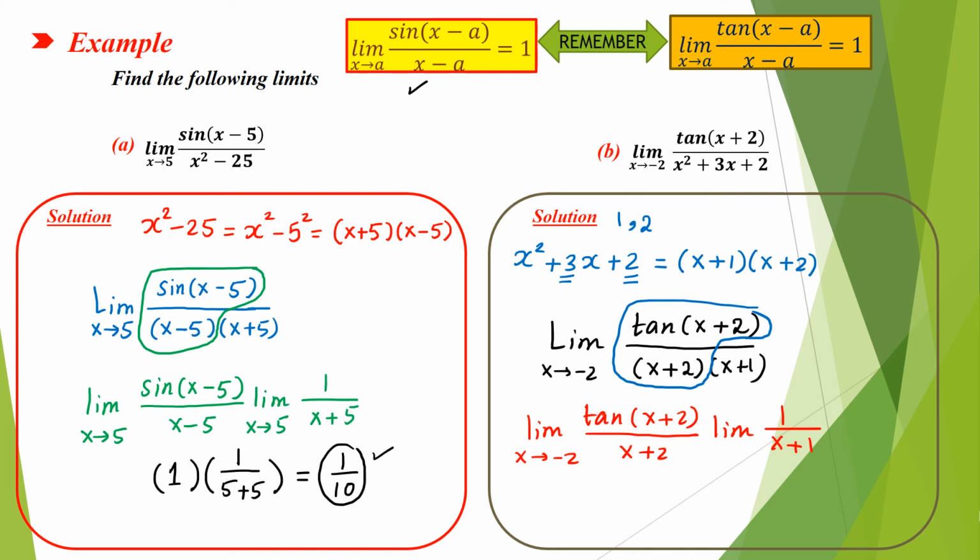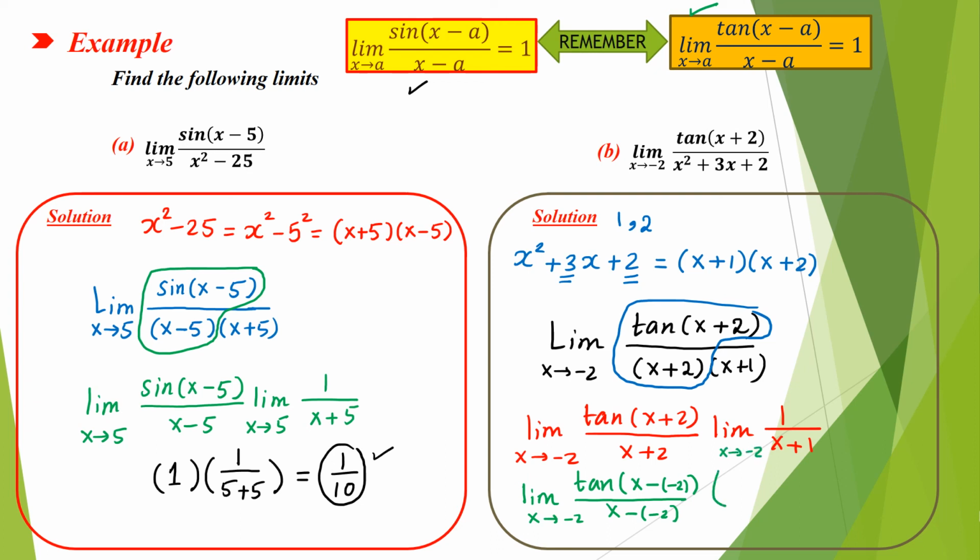Now you have to use this rule, but before using it you have to write tan of x minus negative 2 divided by x minus negative 2 when x goes to negative 2.